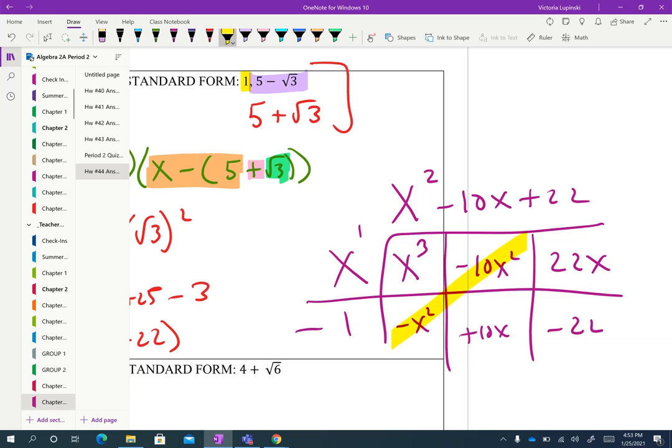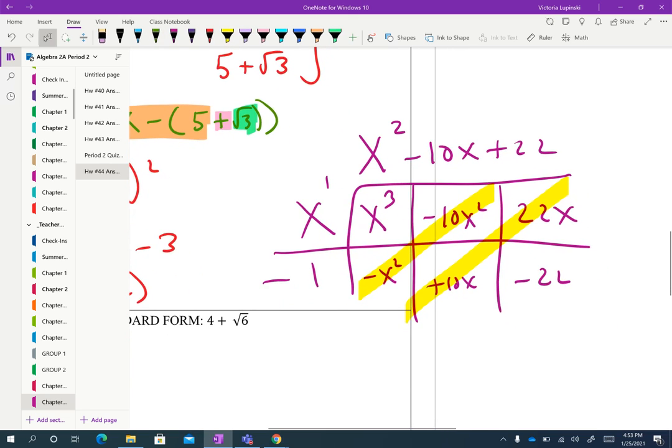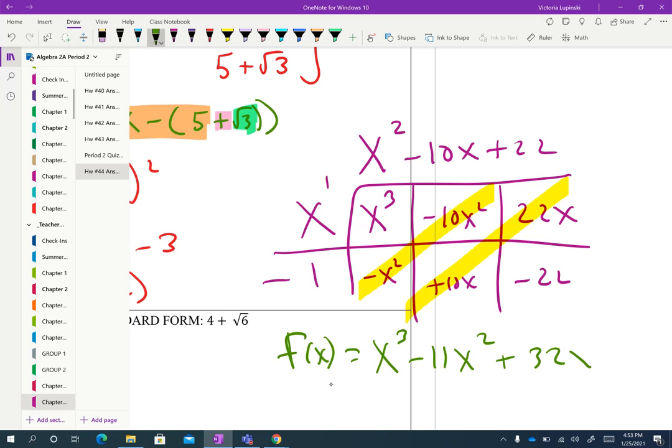Again, if you've done this correctly, your like terms are always going to exist on the diagonal, and all you have to do to finish it up is go ahead and combine like terms. So x to the third minus 11x squared plus 32x and minus 22.